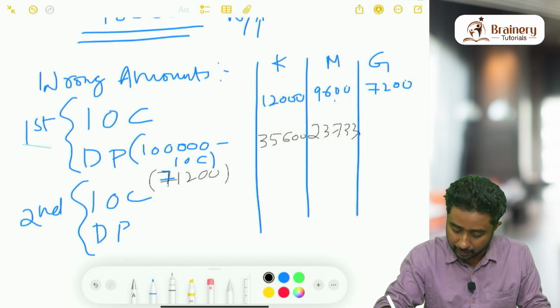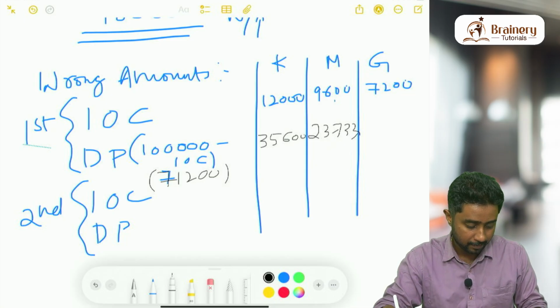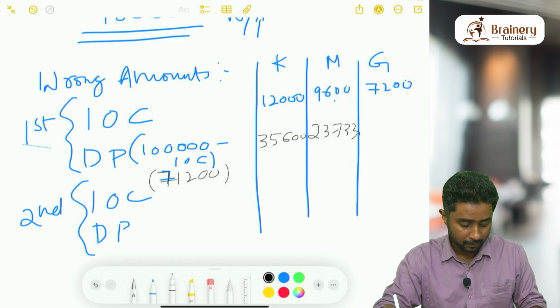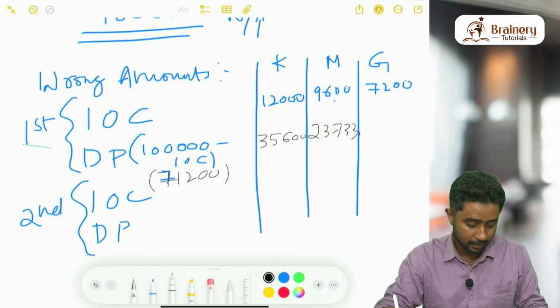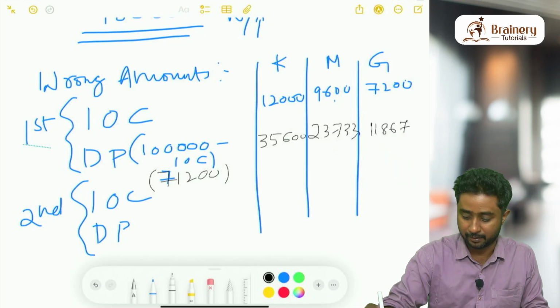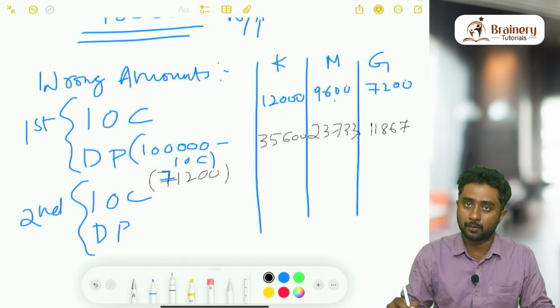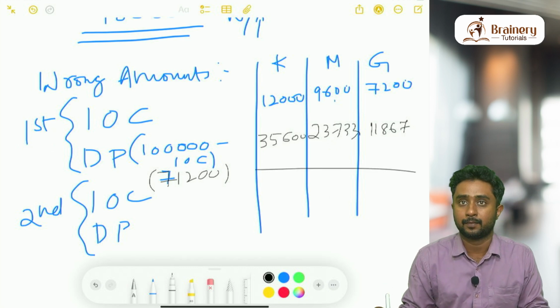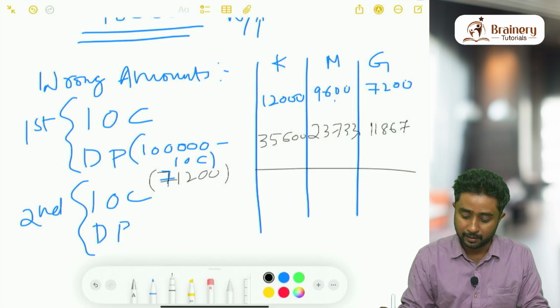Then the next amount will be 1/6, 11,866, which I have rounded off to 11,867. These are the values that you have calculated here.